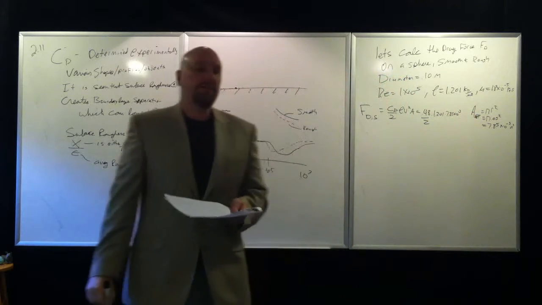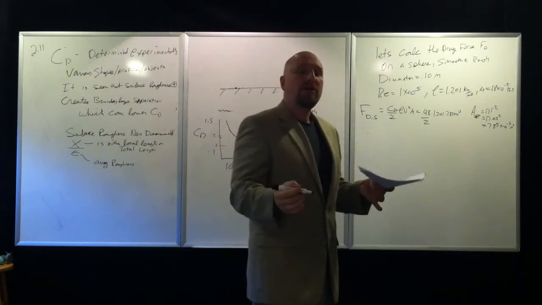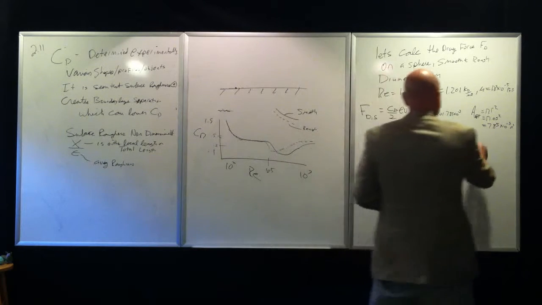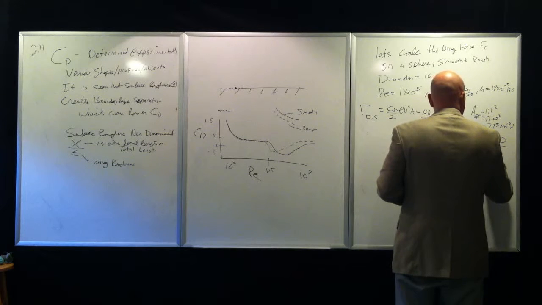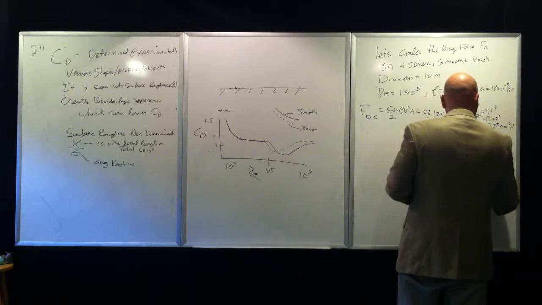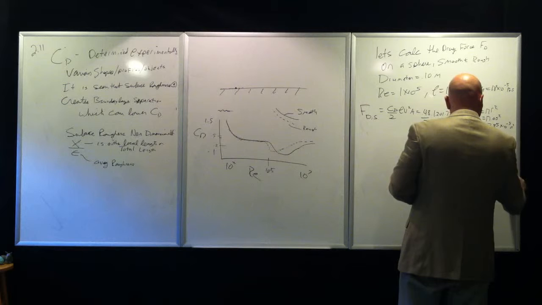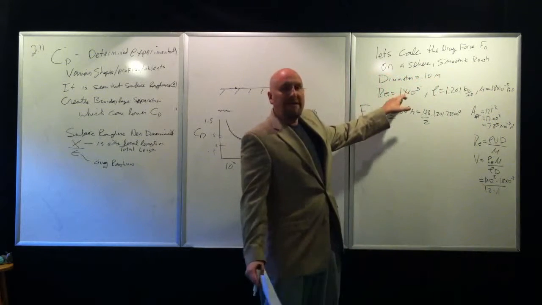Now we have to calculate our velocity. Again, we're not given the direct velocity, but what we are given is the Reynolds number. And Reynolds number is rho v diameter over viscosity for a sphere, where the Reynolds number is 1 times 10 to the 5th.